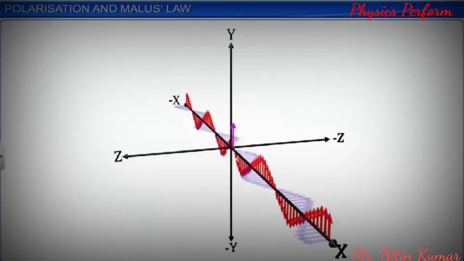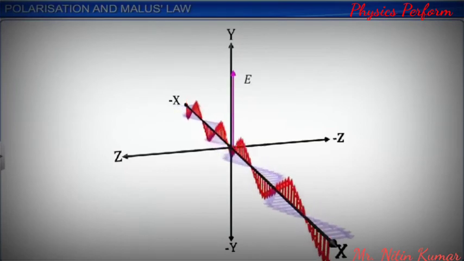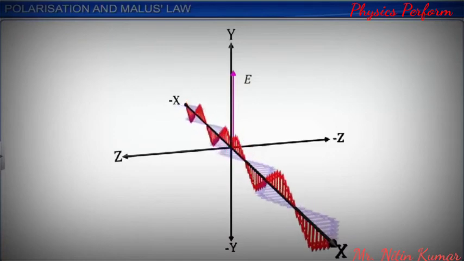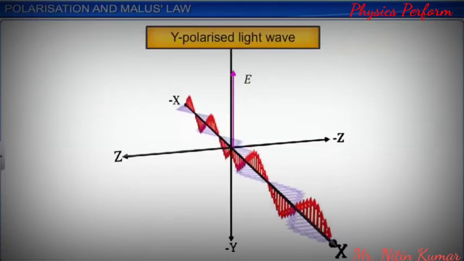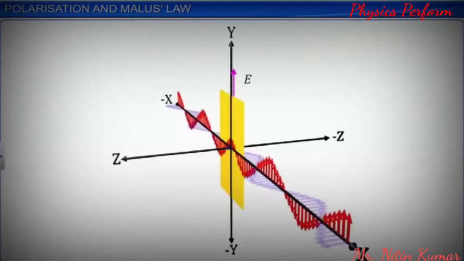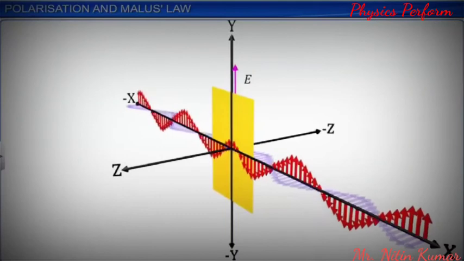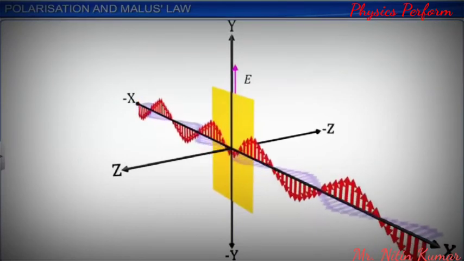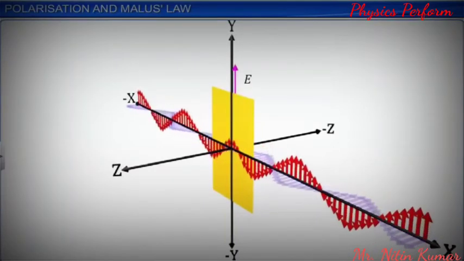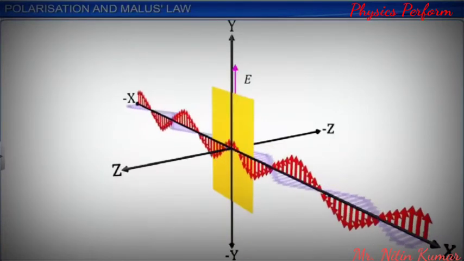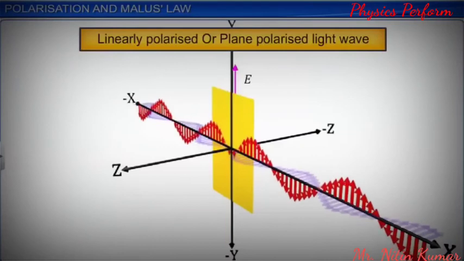For example, if E is always along the y-axis, then the light wave is a y-polarized wave. The plane determined by the E vector and the direction of propagation of the wave is called the plane of polarization of the wave. If E field remains in a fixed direction, then the wave is said to be linearly polarized or plane polarized.